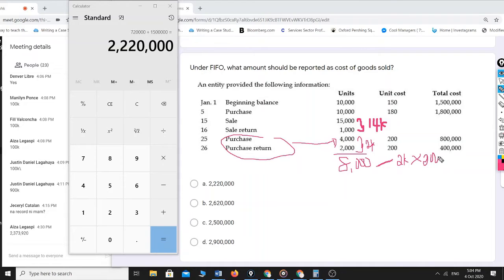So, therefore, the remaining 6,000 is from our previous purchase, which is kani. Diba? This is our previous purchase times 180. So, if the problem is asking for the ending inventory amount, 2,000 times 200 plus the 6,000 times 180. So, our ending inventory is just 1,480,000. Okay?